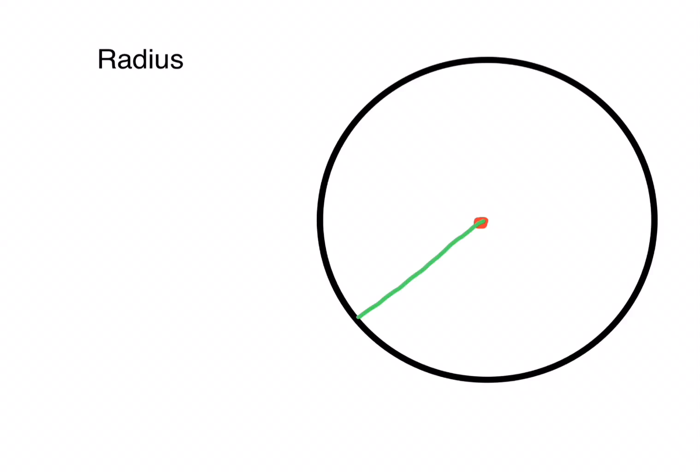There's your radius, and that's halfway from the side of the circle to the center of the circle. The thing that we should know about our radius and our diameter is that our radius is half of the diameter.